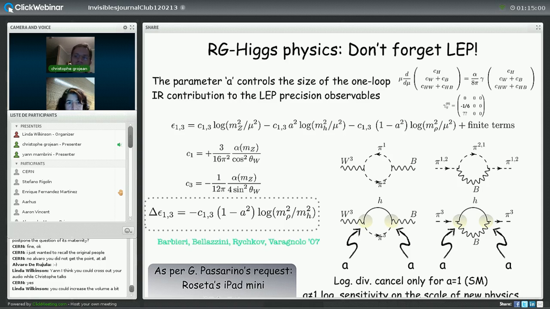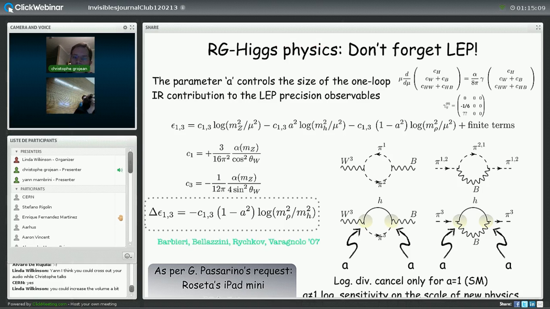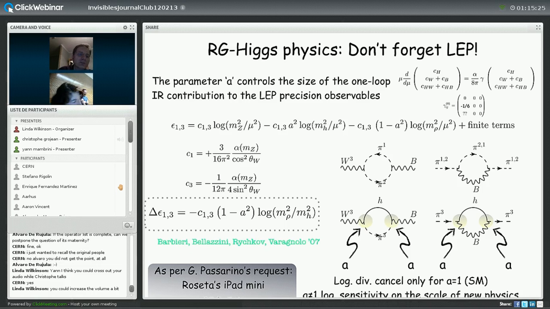And since all these operators are suppressed by the mass scale of new physics, if that scale is very large, all the effects of this dimension 6 operator will be suppressed. So the conclusion is that this renormalization group evolution effect can give you something like a 10% correction, but it cannot give you a 100% correction, because you would need a very large scale of new physics, which is not possible.